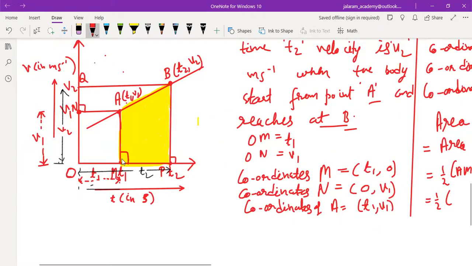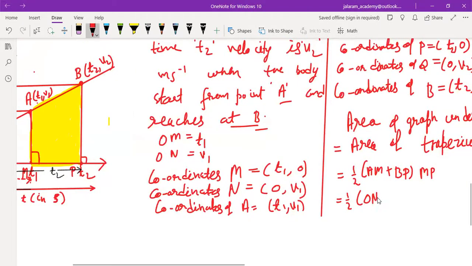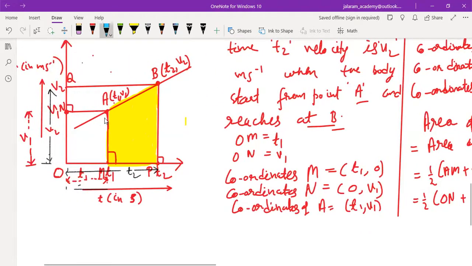What is the value of AM? AM equals to, we know that ON. As we measure all the distances along x-axis or y-axis. So this AM and ON are equal as they are the opposite sides of rectangle NOMA.